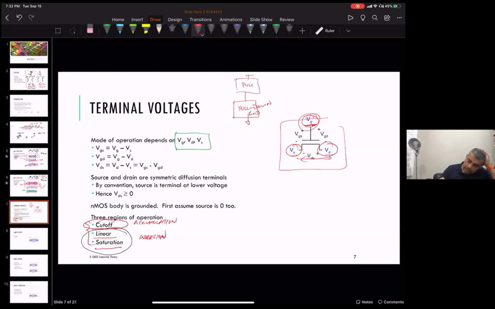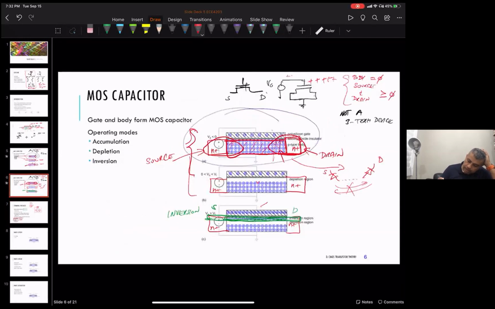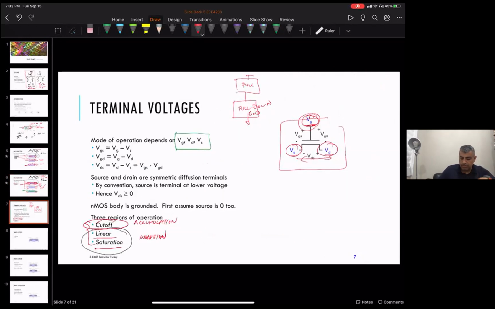You can think of depletion as still being cutoff, or as an intermediate region.